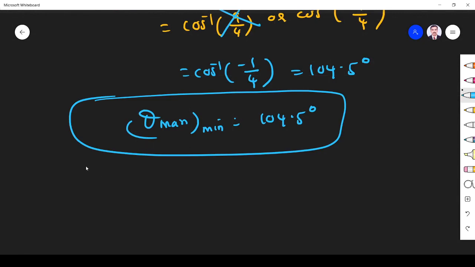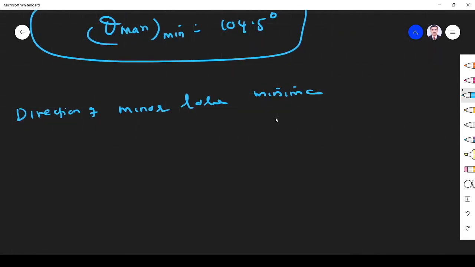So similarly, the direction of side lobe minima, the direction of minor lobe minima. Follow the same procedure. Maxima should be pi.